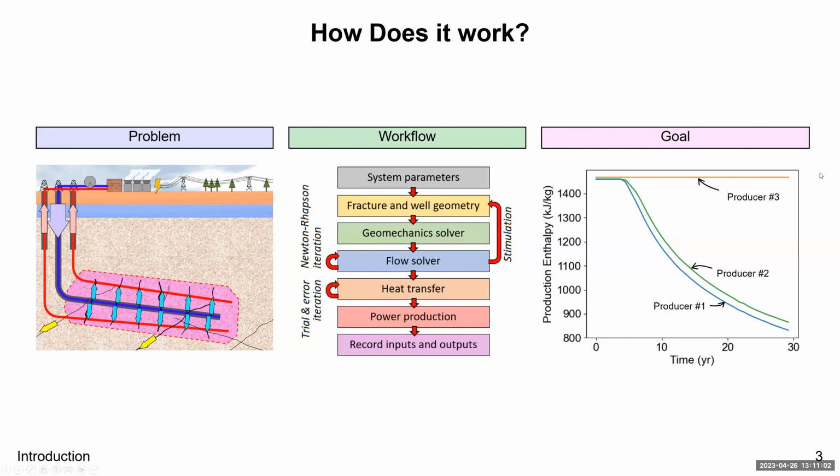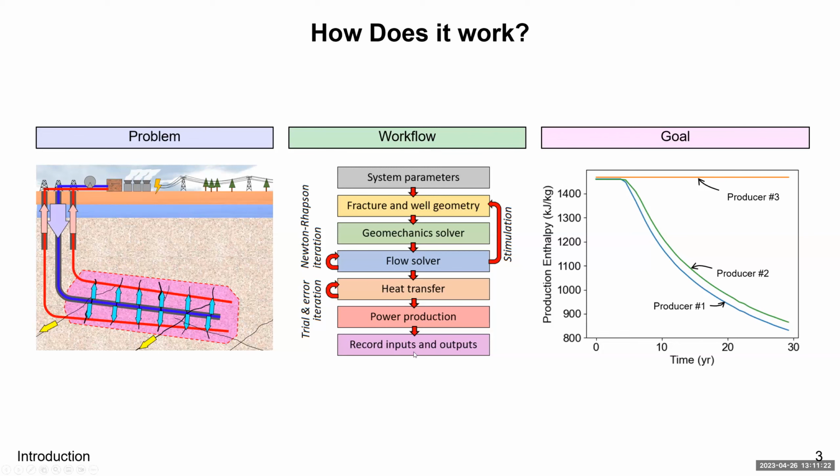On top of that, there's a basic economics module that will estimate the net present value of that system when you factor in design decision making with the uncertainty and those other properties of the system.